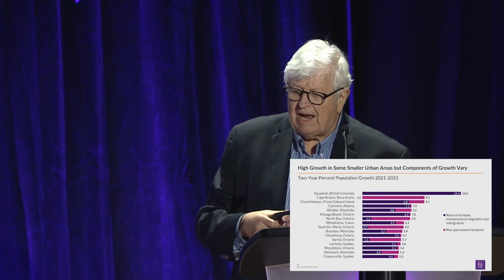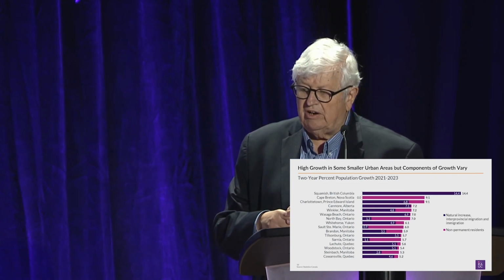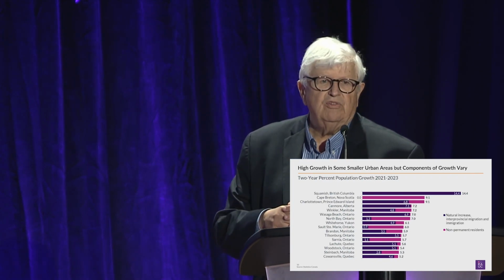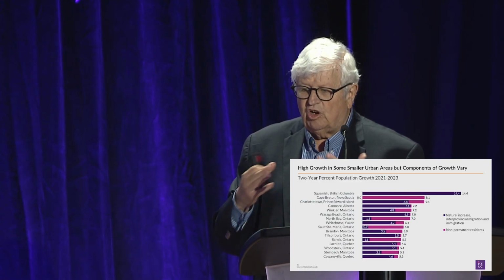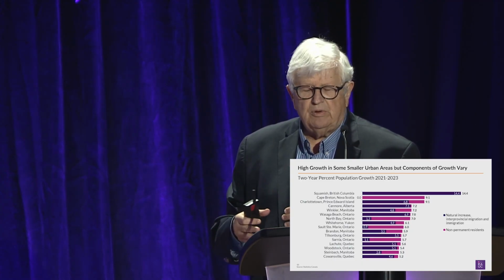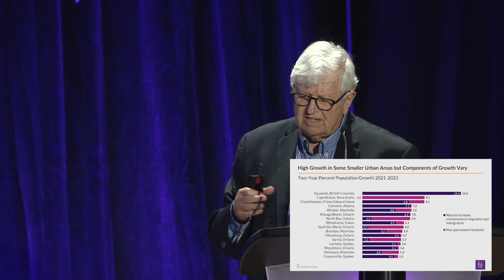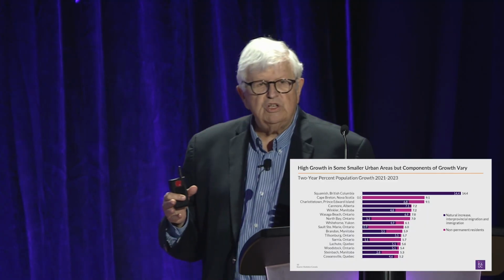The other thing that's been happening is in smaller urban areas, we've seen some pretty good growth. And again, different reasons for this. The Squamish area out in BC really growing very rapidly, all of it on the basis of internal migration, people moving there from other parts of BC, from other parts of the country, and a small amount of international migration. The other extreme, you see Cape Breton really grew as well.